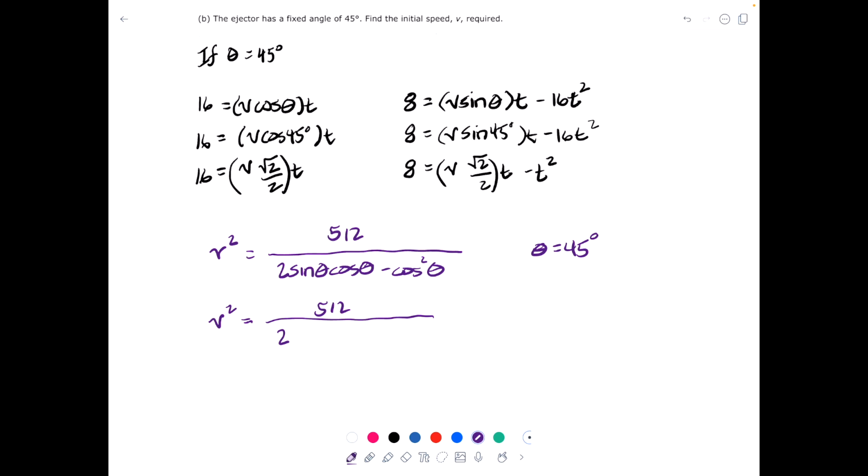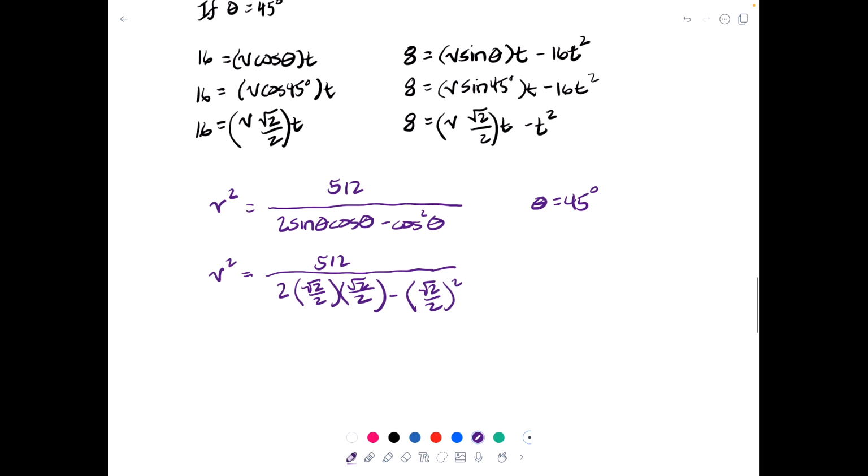So we'll have 2 times root 2 over 2 times root 2 over 2 minus root 2 over 2, the quantity squared. So v squared will be 512 over, so root 2 times root 2 is just 2.